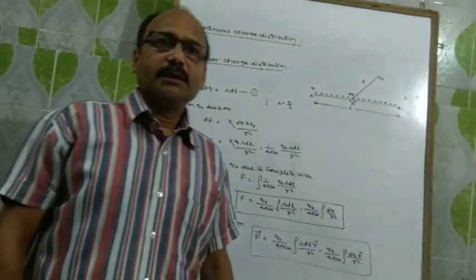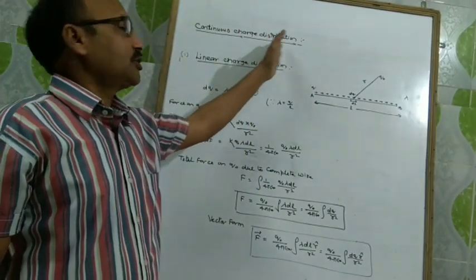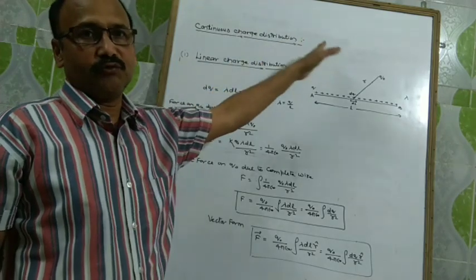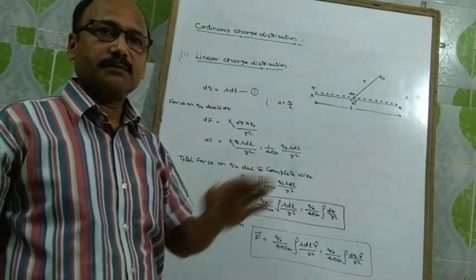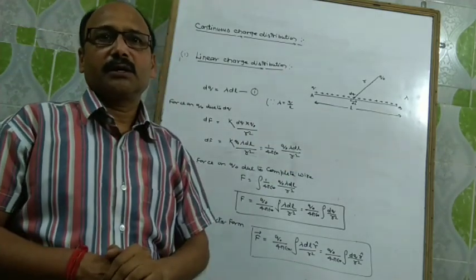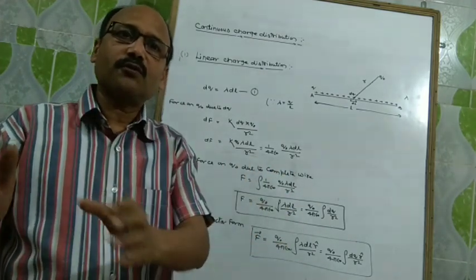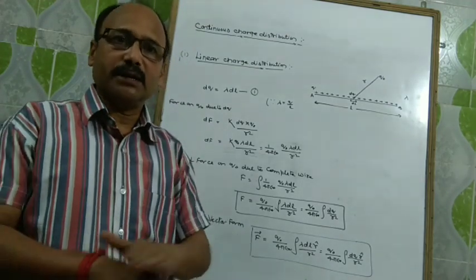Good morning, everybody. Now we have to start continuous charge distribution. You can understand this with the help of this example. When we look at water, we know that it consists of molecules of water, but it appears continuous.